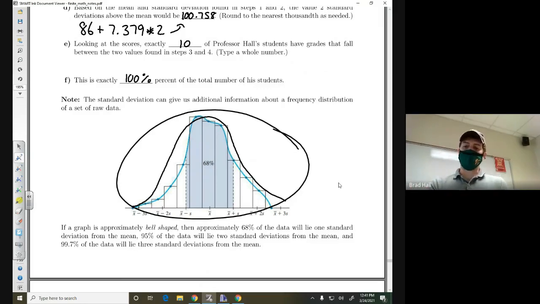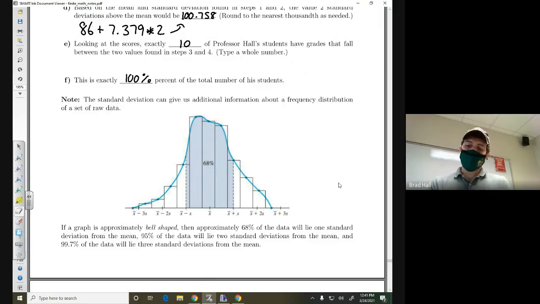But there's a lot of phenomena that occur in biology, in economics, and academics that follow this normal distribution. It's a very, very common distribution. And if your data correlates with that, then you get a lot of very helpful ideas from that. A bunch of assumptions you seemingly get for free. These assumptions: 68% of the data will lie 1 standard deviation from the mean.